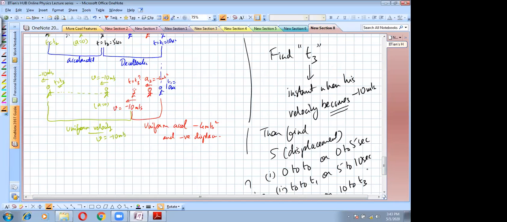Yes, very good, Alina, that's the correct answer. T3 will be what you have got. Just waiting for the others to also confirm, but your answer is correct for T3.